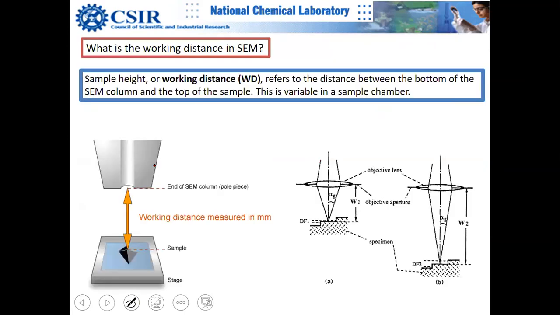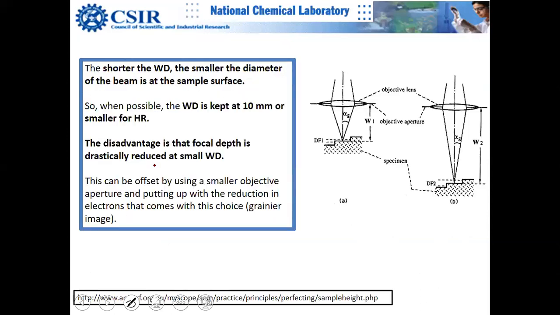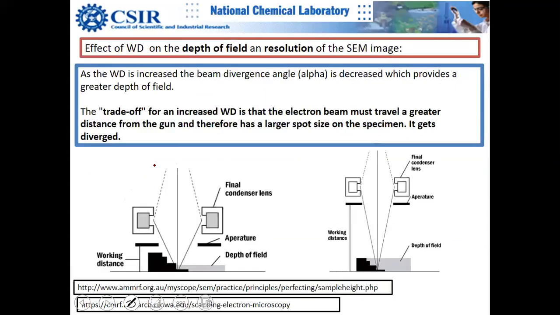First, you have to understand the working distance. Working distance is the distance between the end of the SEM column, the last electromagnetic lens, and the sample. I'll show you the actual picture, then you will understand it.